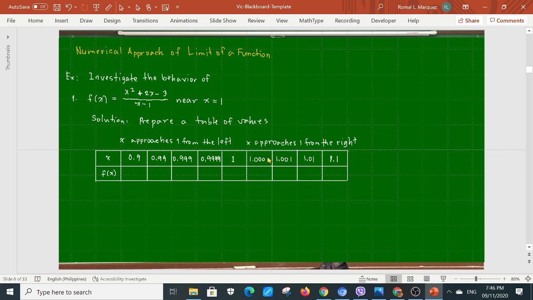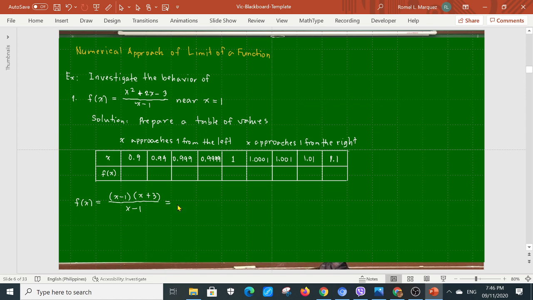And let's see how the values of the function behave. If I assign 0.9, substitute here, you will get a value. By the way, we can simplify this. F of x, when factored, I can factor that into x minus 1, x plus 3, all over x minus 1.